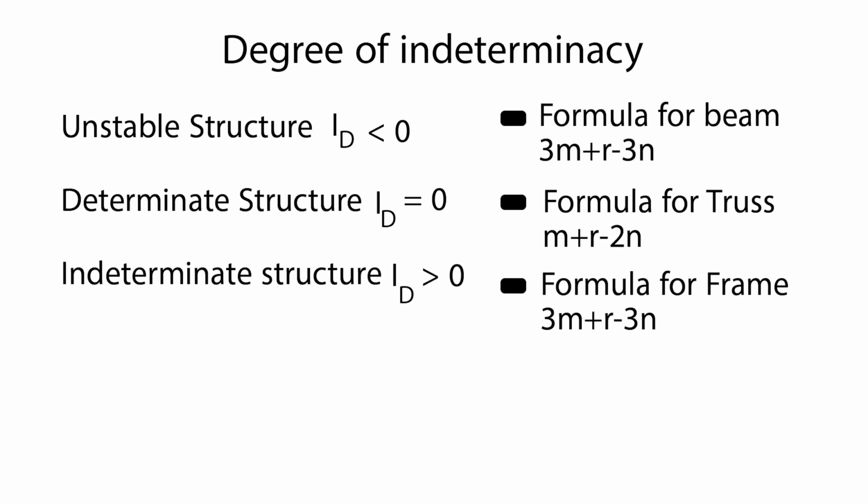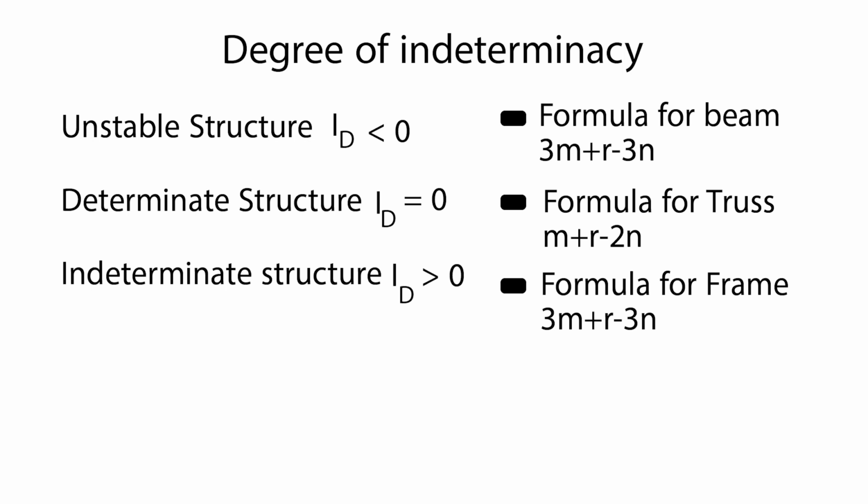When the degree of indeterminacy is equal to 0, it is a determinate structure. When the degree of indeterminacy is less than 0, then it is an unstable structure. When the degree of indeterminacy is greater than 0, then it is called an indeterminate structure.